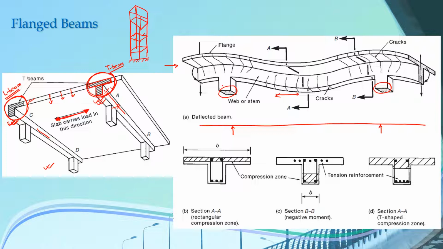When you draw the bending moment diagram of this slab, if you remember, you generally draw the bending moment of this kind here. So this is an approximate bending moment of this continuous slab. At the mid-span of this slab here, there is a positive bending moment, whereas at the supports here, we have negative bending moment.